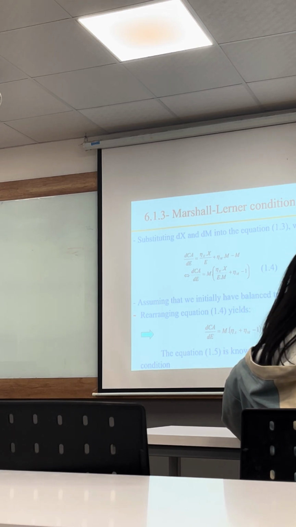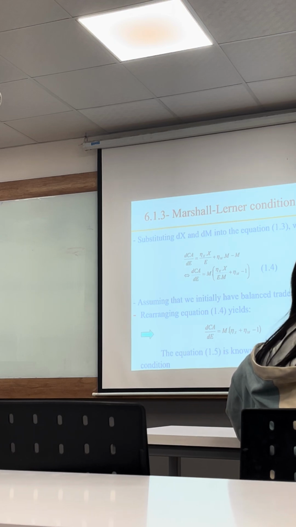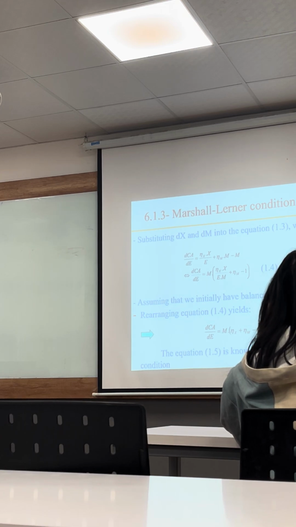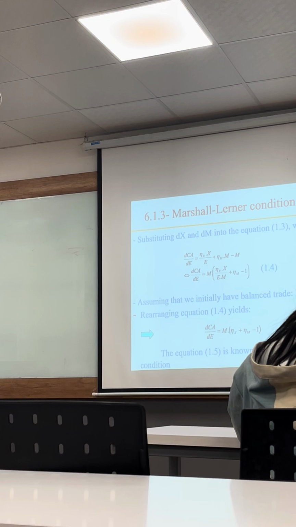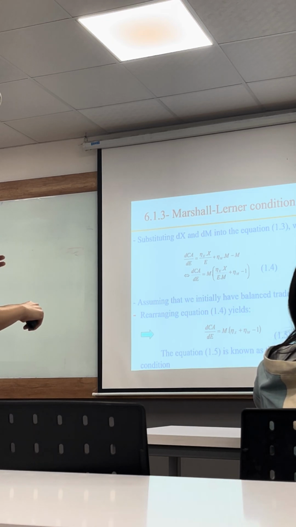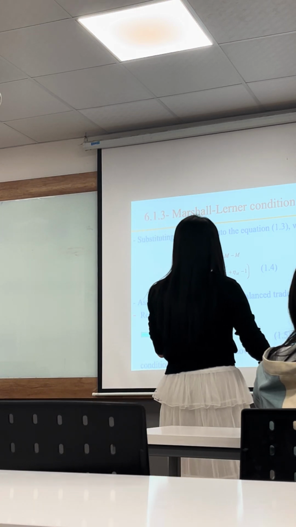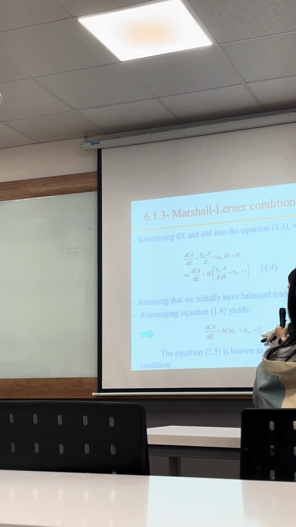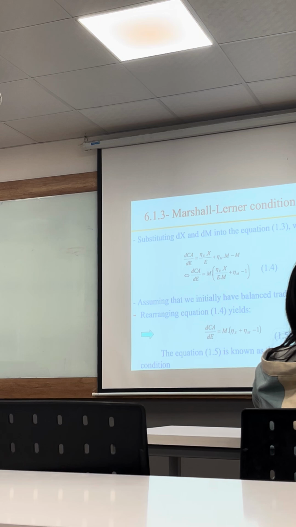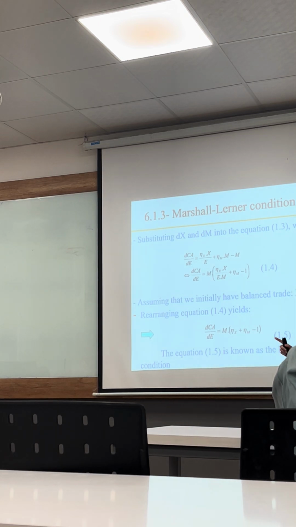We have the balanced trade balance. It means no surplus, no deficits. Export equals import. And then we rearrange equation 1.4 and we obtain this. That is equation 1.5, known as the Marshall-Lerner condition.